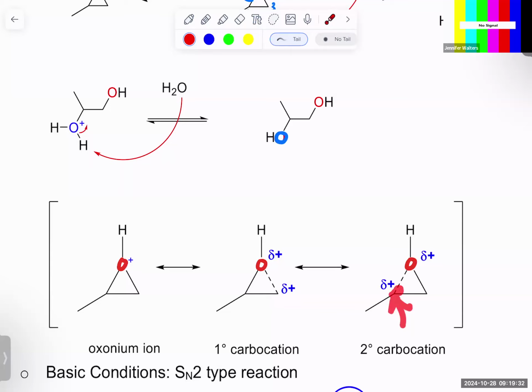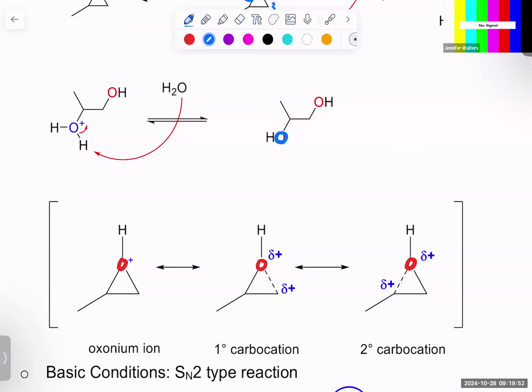So you never actually form a true carbocation. We're just thinking about which side is more electrophilic. If I were to make a carbocation on this side, it would become a primary, so that would be less favorable. Whereas this side, it would become a secondary, that would be more favorable.